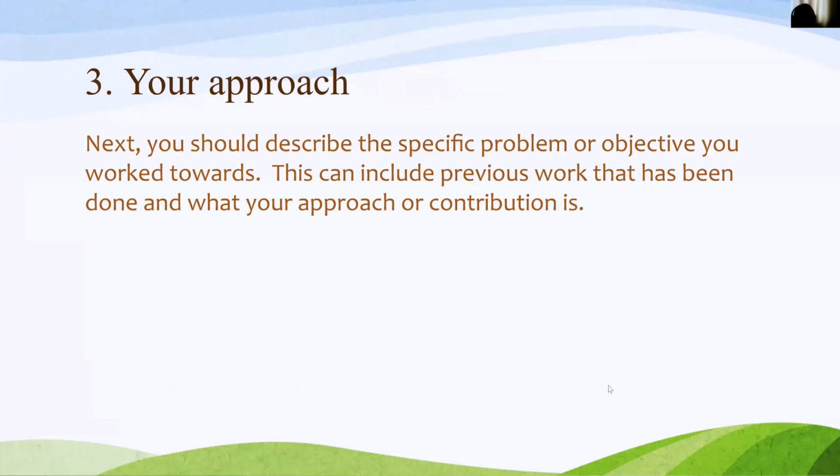Step number 3, your approach. Here we need to specify the problem or objective, but remark what the difference is with respect to the other ones. What is the contribution, the difference, the mark of our project compared with the others?